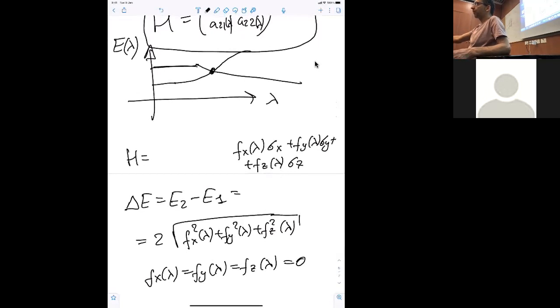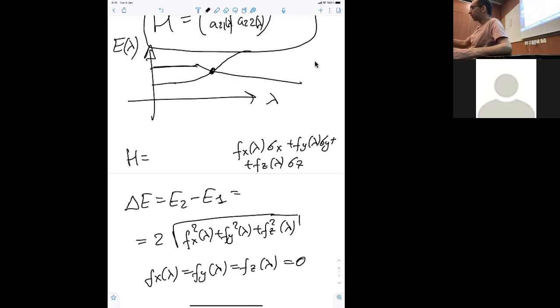Now, if these functions follow from some microscopic parameters of the Hamiltonian, like spin-orbit interaction, the size and shape of the trap, and everything, it's practically impossible, or requires very fine tuning, to nullify 3 independent functions by varying 1 parameter.